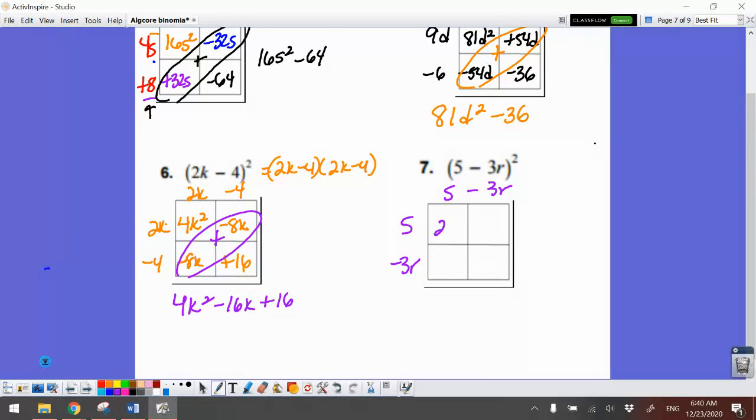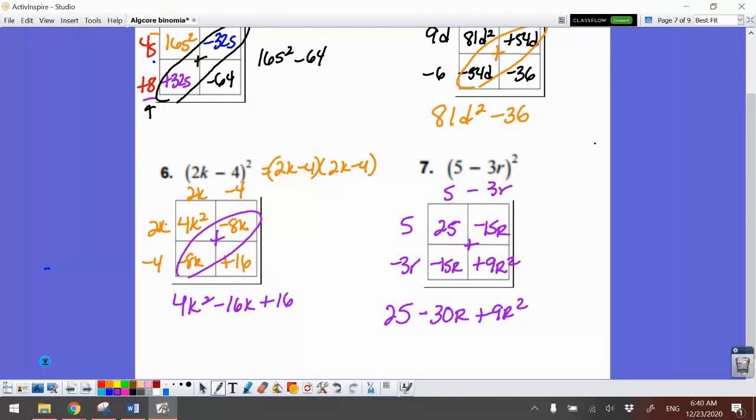So 5 times 5 is 25. Notice this one's kind of backwards, but I'm going to see that my like terms are still in the same locations. So 5 times negative 3 is a negative 15r, and another negative 15r, and negative 3 times negative 3 is a positive 9r squared. Okay, so combining on the diagonal, I have 25 minus 30r plus 9r squared.